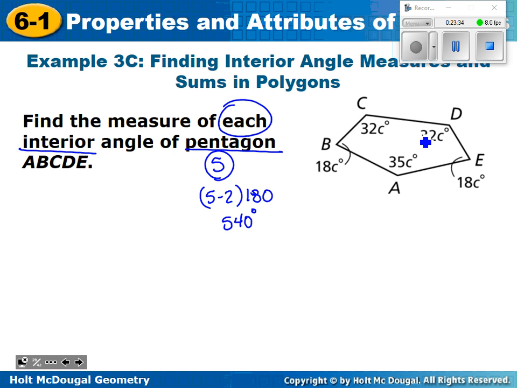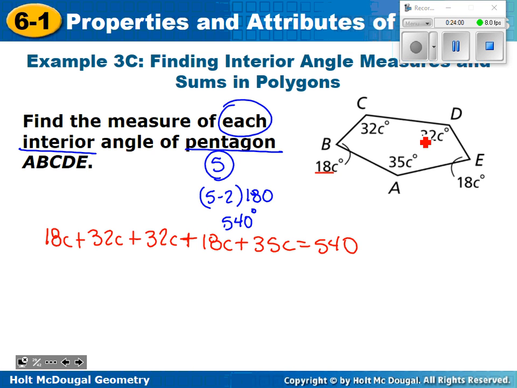Anything else, you've got to calculate what the sum is. You might have it memorized by then. If not, plug it into the formula. And then you're going to add all of them together just like we did with triangles and set them equal to 540. So let's do that. 18C plus 32C plus 32C plus 18C plus 35C should equal 540.